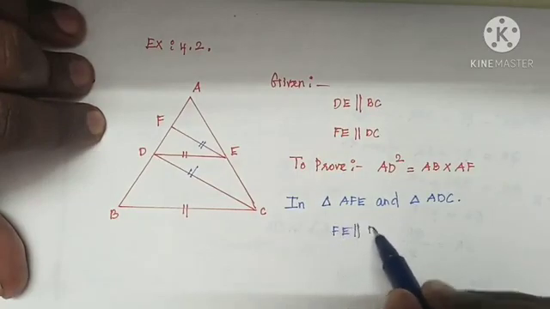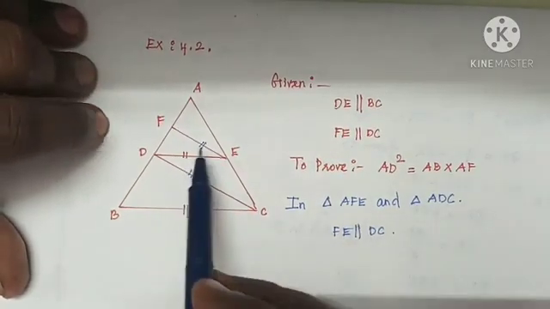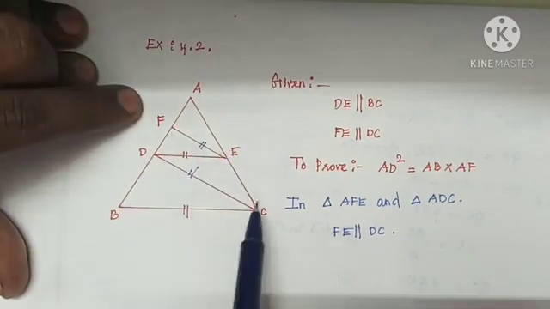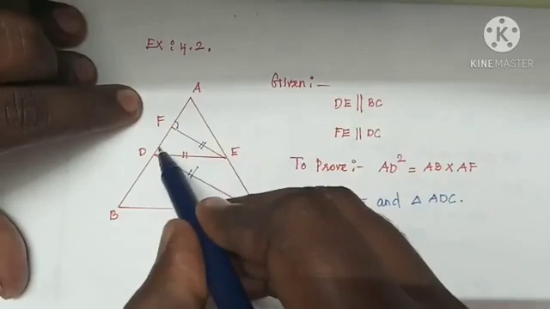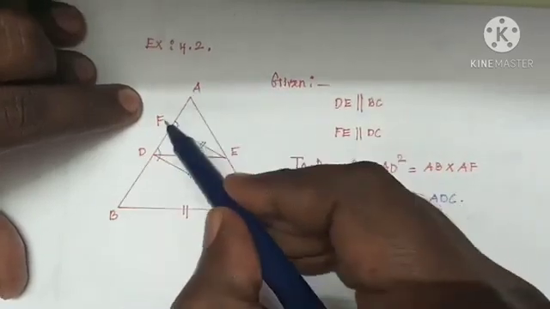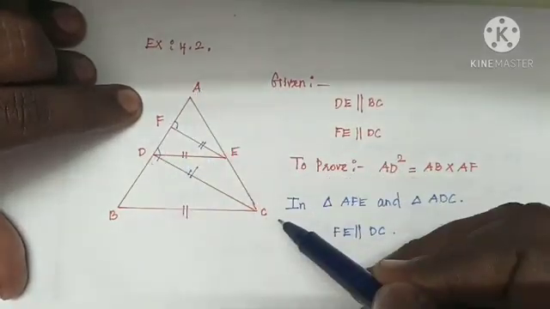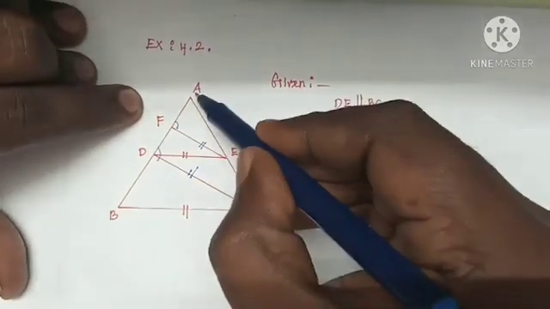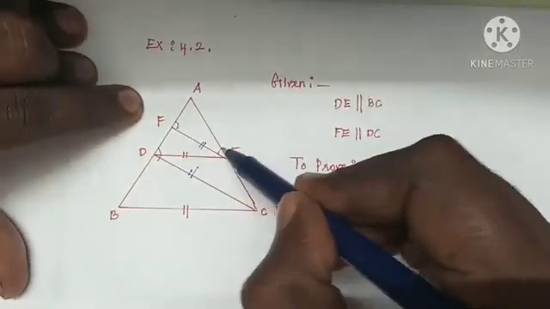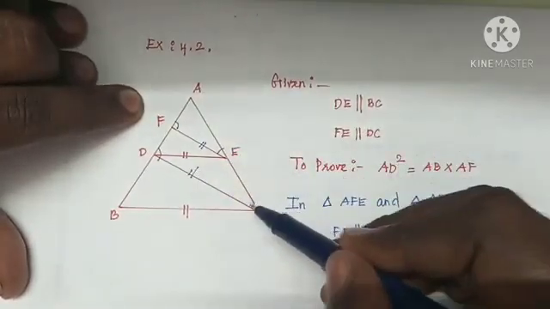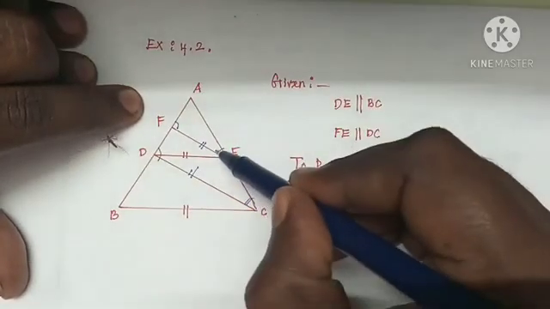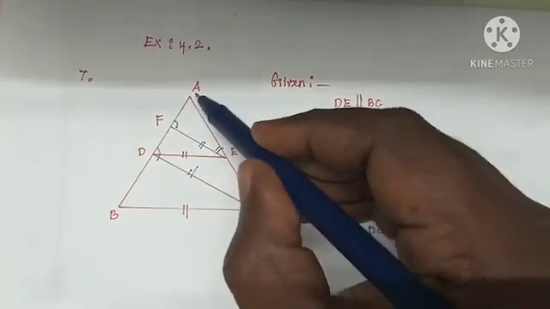If FE is parallel to DC, then these two angles are equal. Angle AFE is equal to angle ADC as well as angle AEF and angle ACD. These two angles are equal and angle A is common.